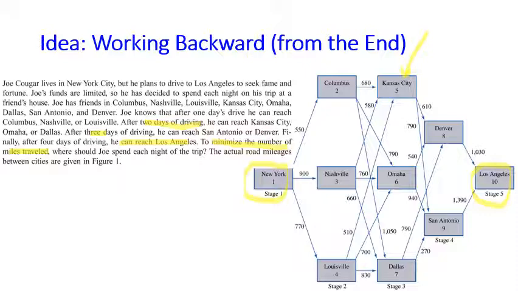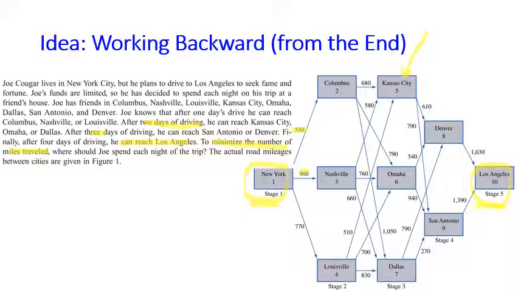Okay, so these numbers here, 550, 900, and so on, show the miles or the distance in miles between one city and the other city.